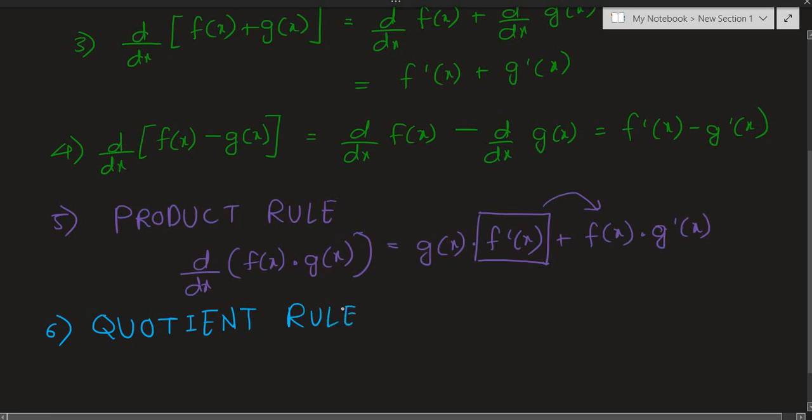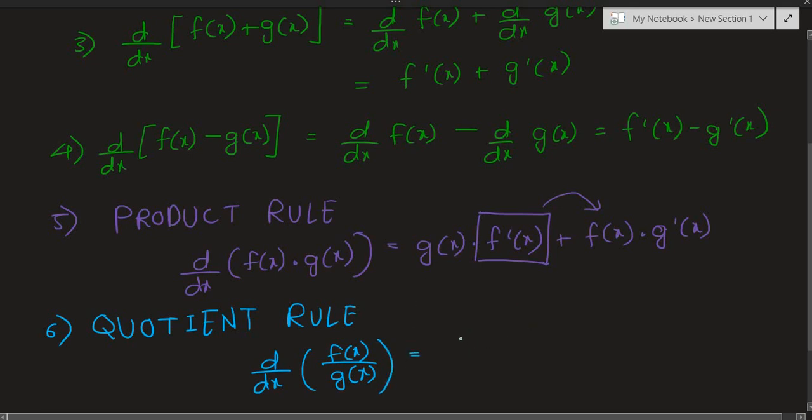So that's property number 6, our quotient rule. Say you have the derivative of the quotient of two functions, so f of x divided by g of x.